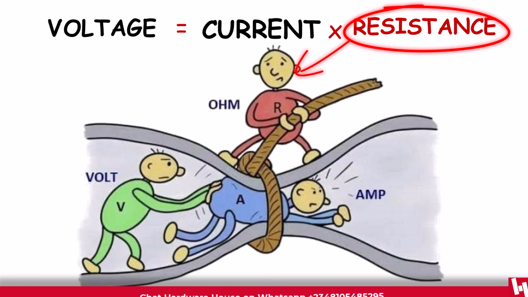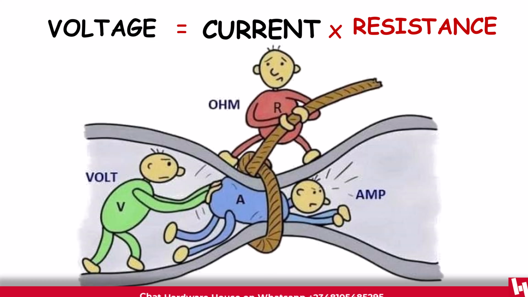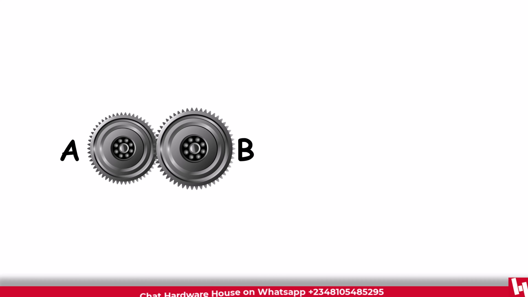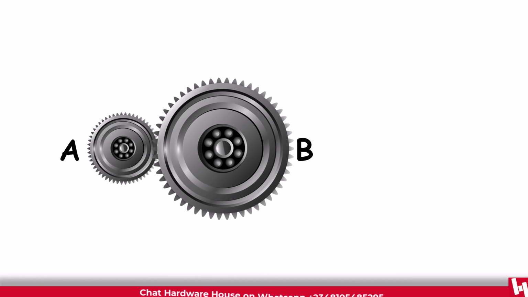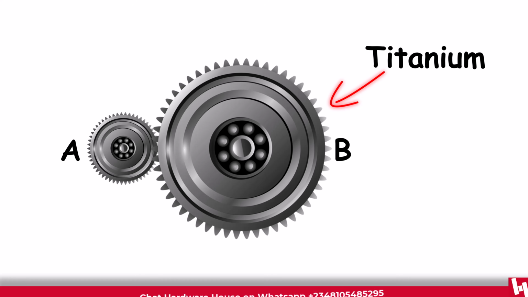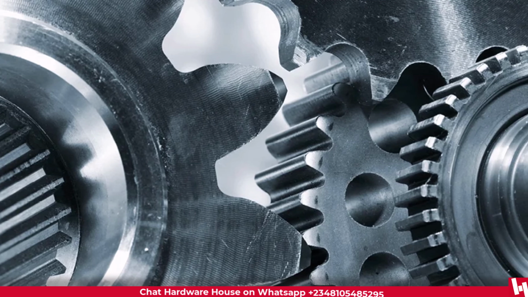And here is where cable sizing becomes a big issue. Just like in transmitting mechanical power, the higher you increase the torque from gear A to gear B, the stronger the material the gears should be made of in order to transmit that heavy turning force without damaging the gear teeth. That's why vehicles with high torque would have a titanium gearbox. Titanium is basically one of the hardest materials on earth.